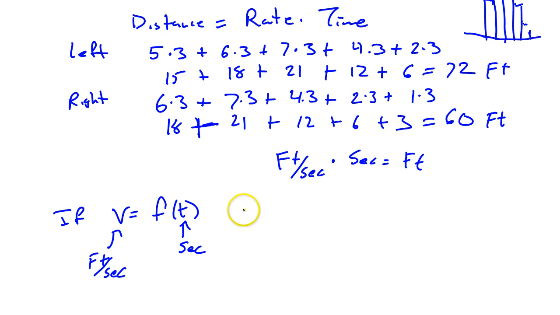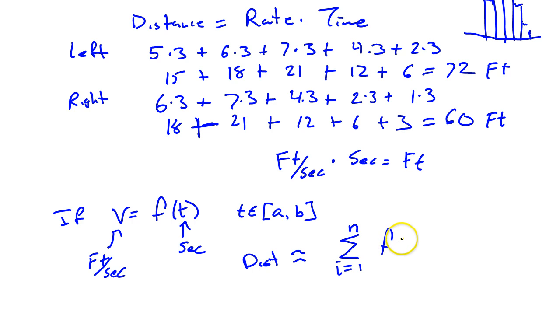And we've got some time interval that t is on, somewhere between a and b. Then we're calculating the distance. It's approximately equal to a summation, right? We're looking at a sum, i equals 1 to n, of, I need a velocity.